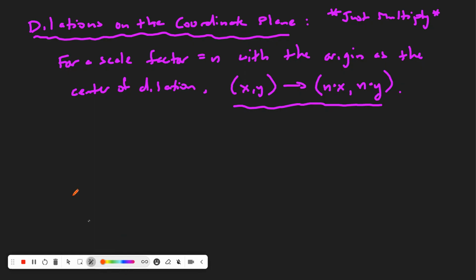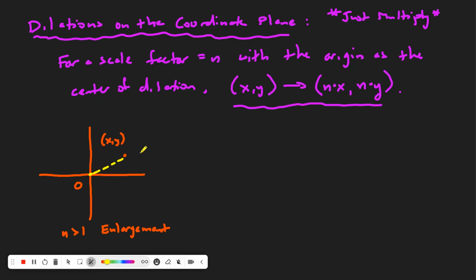So let me draw this coordinate plane here. This is the origin. Let's put point xy right there. So there's the point xy. Okay? Let's say that our scale factor is bigger than 1, which means it's going to be an enlargement. So what's going to happen here is if I connect the origin to our point, we are going to get farther away from the origin along this line.